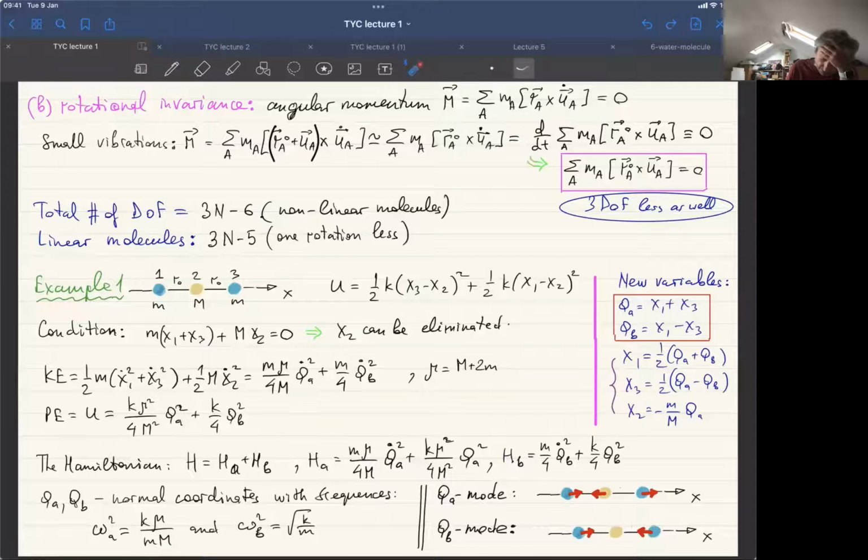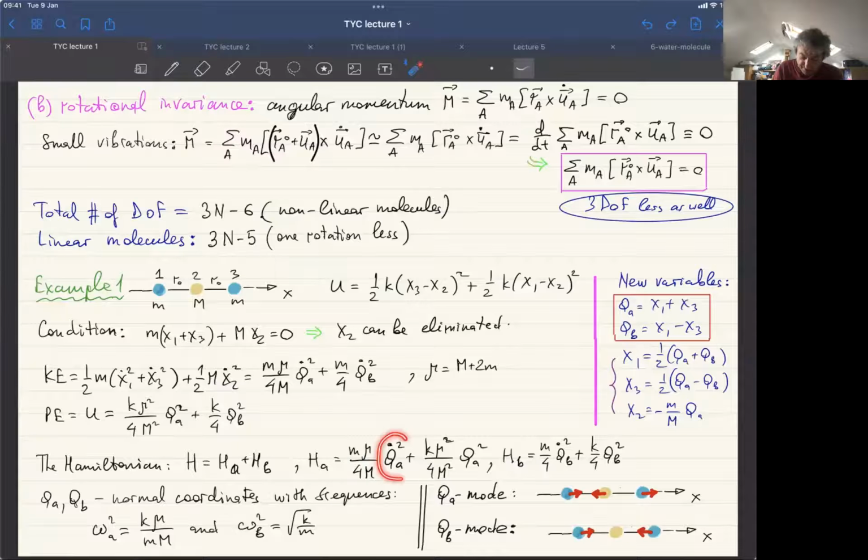So we see that the total Hamiltonian of our system is actually equal to the sum of two independent Hamiltonians for the degrees of freedom, one for the generalized coordinate QA and another for QB. And each of these Hamiltonians is just the Hamiltonian of a single harmonic oscillator.